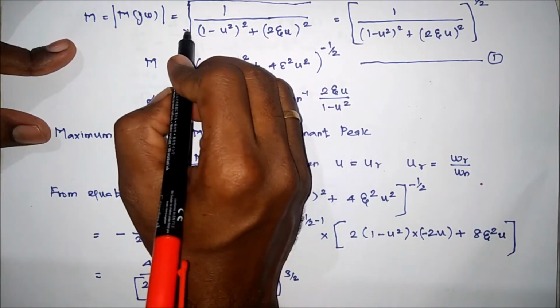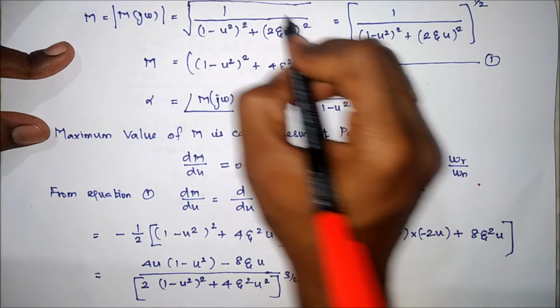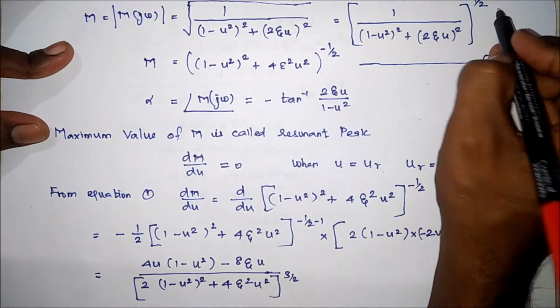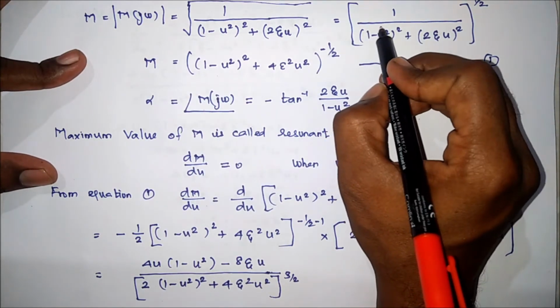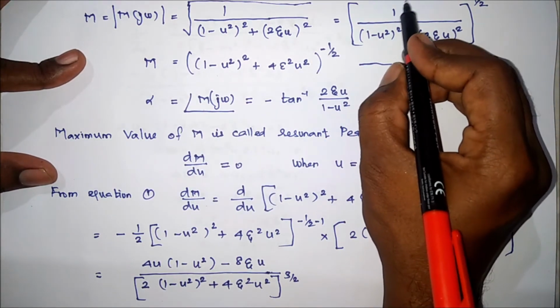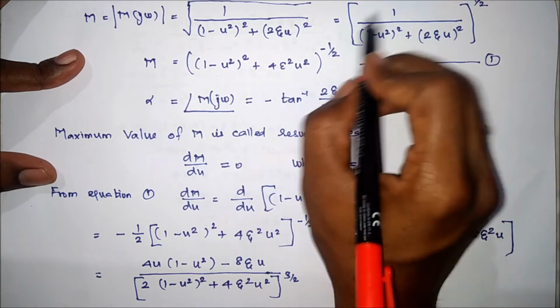Now instead of the square root we can write the entire value to the whole power 1 by 2. So now M equals, here 1 is available, 1 power 1 by 2 or square root of 1 is 1.